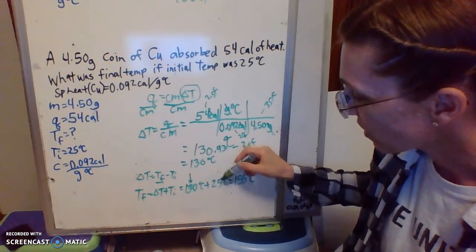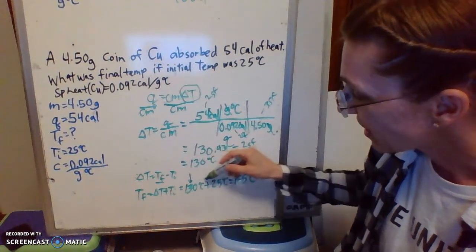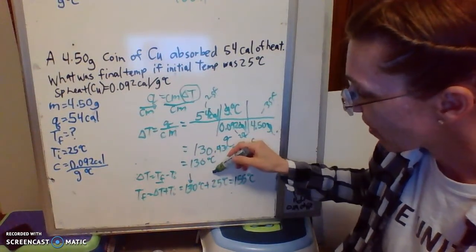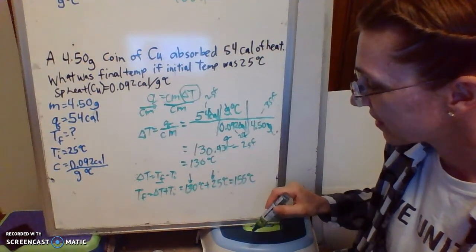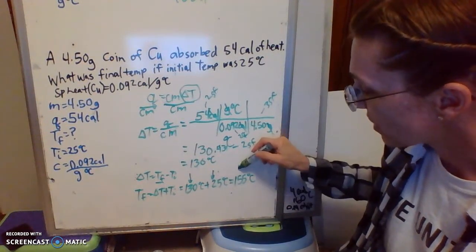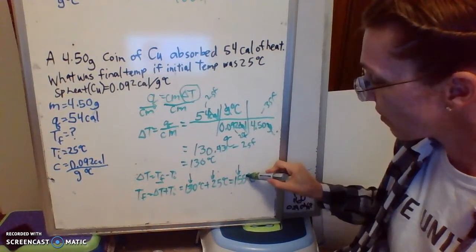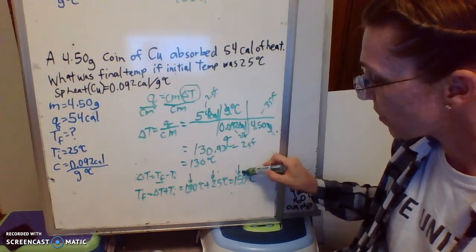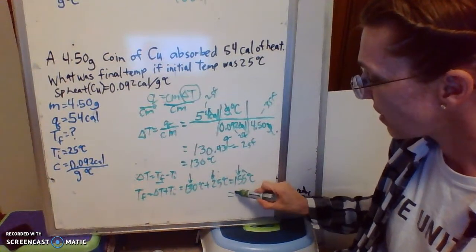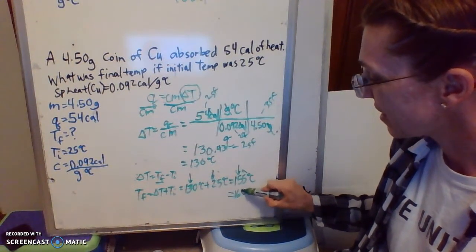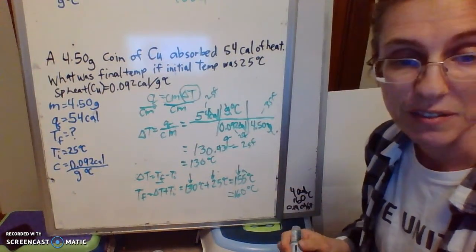Here, we've got it to the ones place, but it's only to the tens place where we have significance here and we have significance here. So we can only go to the tens place here to get significance, which means we have to round this. This is 5, so we're going to round up. So our final answer is 160 degrees Celsius.